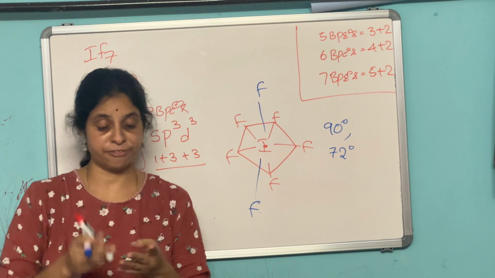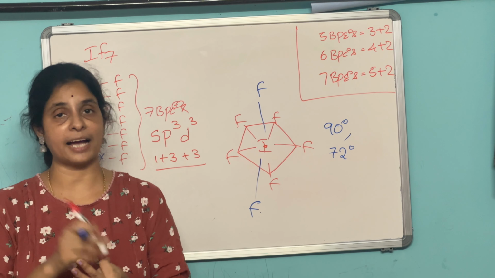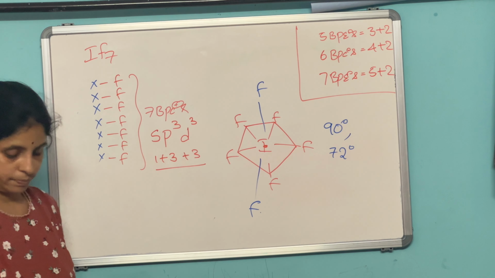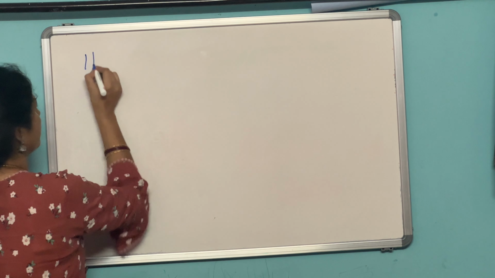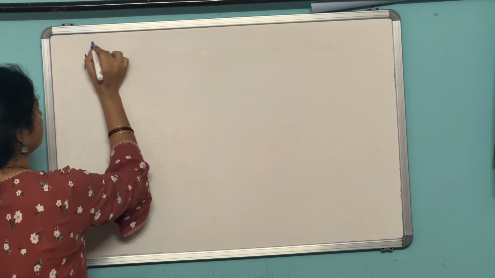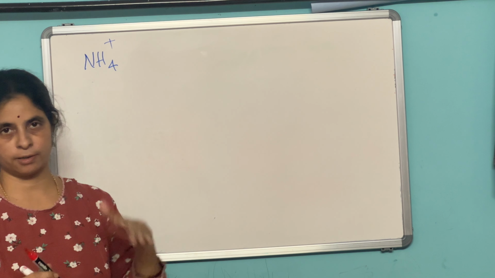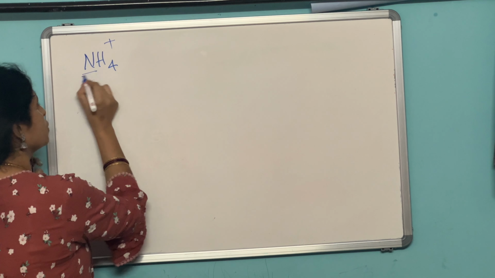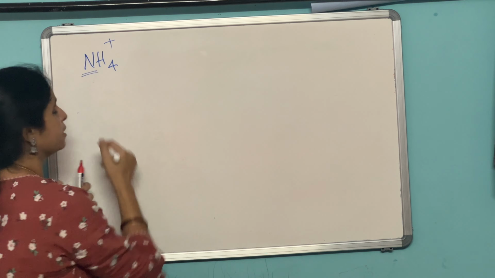Now we will discuss how to find the hybridization if any positive species, a positive ion, cation, or anion is there. If any cation is given, like the ammonium ion, NH4+, how do we find the hybridization? Same procedure. Here nitrogen: first you identify the central atom and identify which group the atom belongs to.